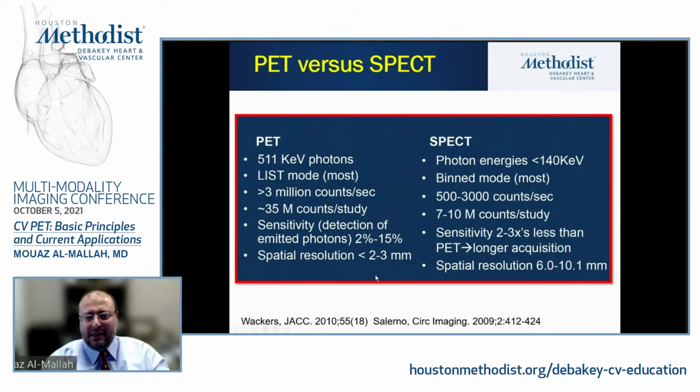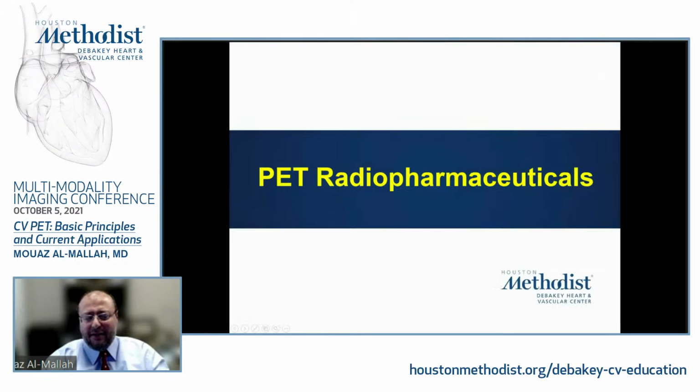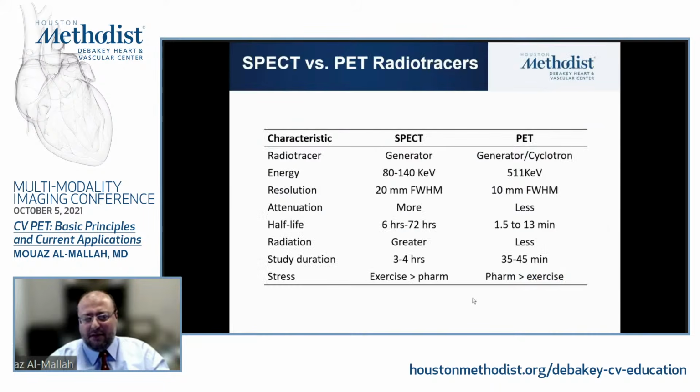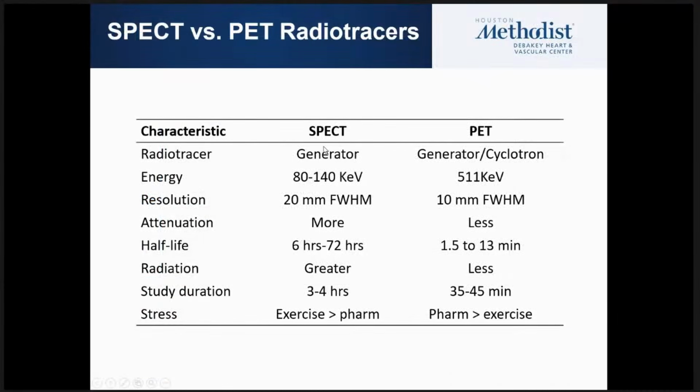Now, obviously, the spatial resolution depends on multiple factors, including the radiotracer we're using. And this is a good segue to the radiotracers, or radiopharmaceuticals, that we use. There are major differences between the radiotracers we use in SPECT and PET, and this is a very important slide, so I would like to spend a few minutes on it.